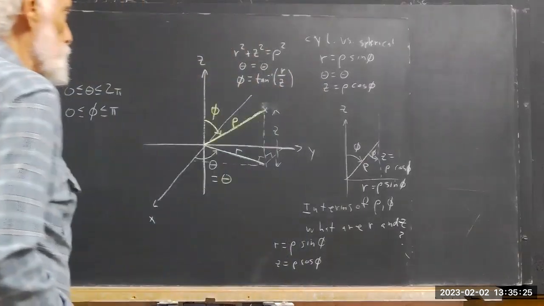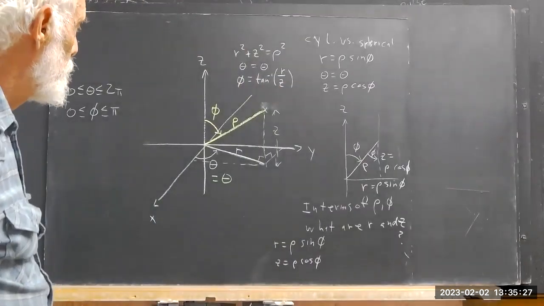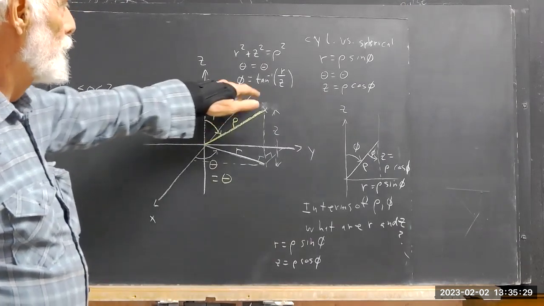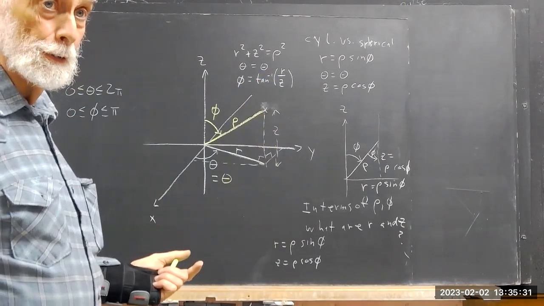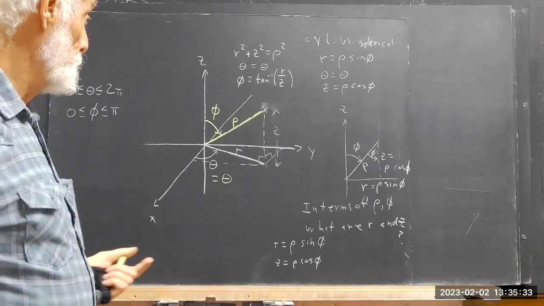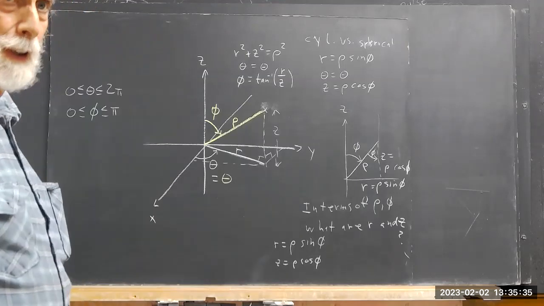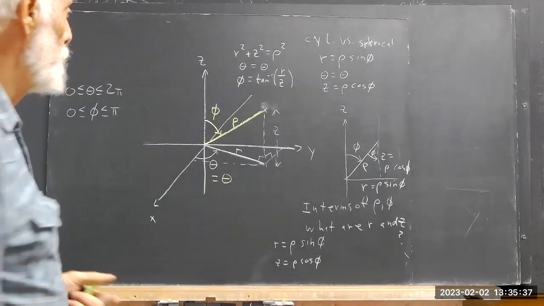Now, there's a little bit of a problem with that, because the arctangent can give you negative values. So you gotta adjust that a little bit. I'll let you read about that.